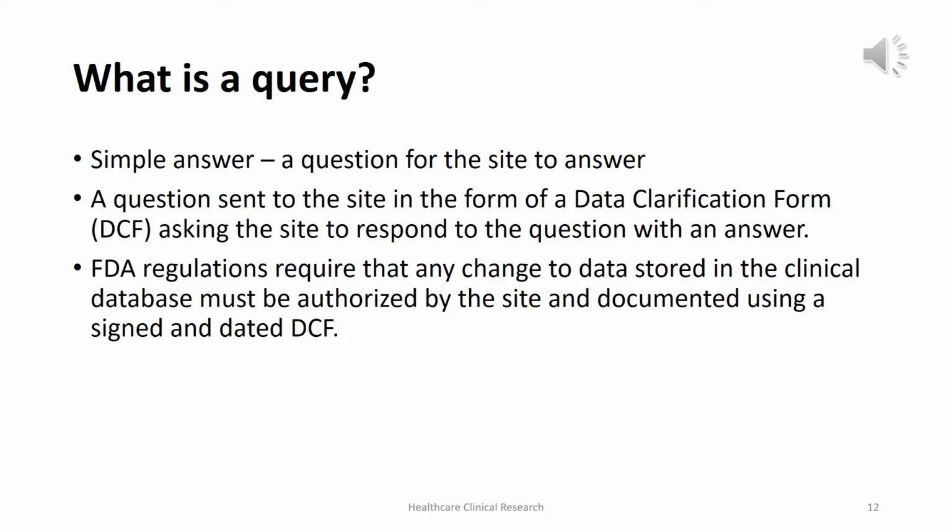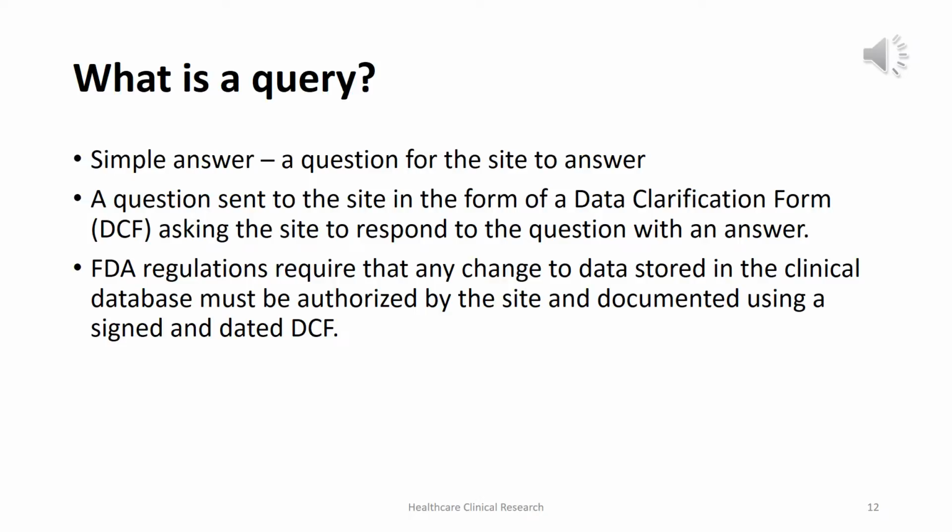Now, in an electronic data capture system, that's done within the system itself. Only the site user would have access to a particular data field to the point where they can change it. So someone at the sponsor can't do that. Someone in some other capacity can't do it. And those changes are automatically date and time stamped, as well as user ID stamped, so you know which user made the change to the data.